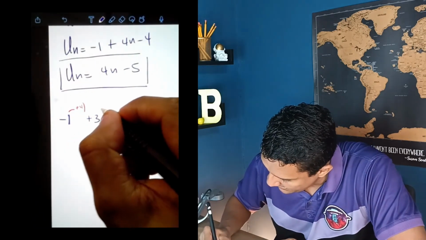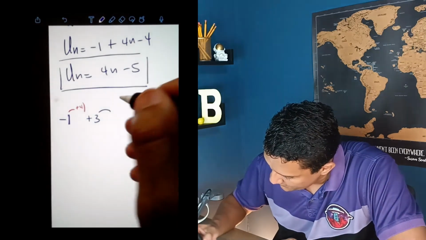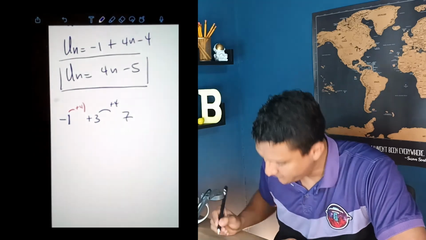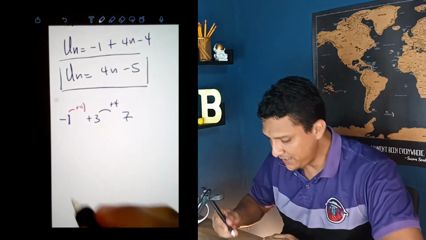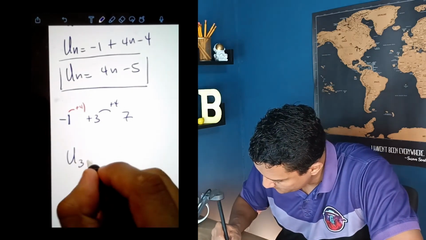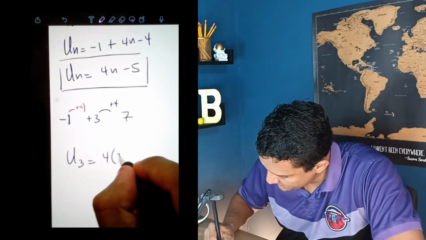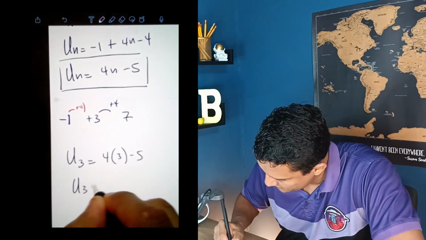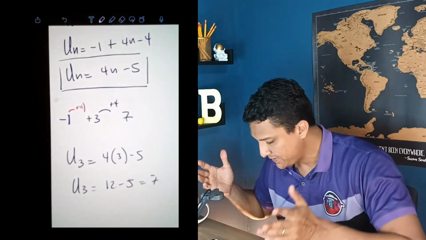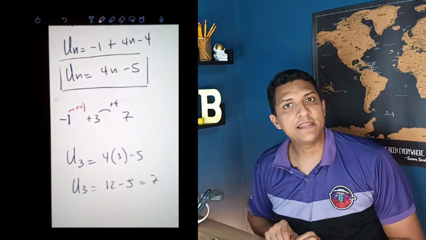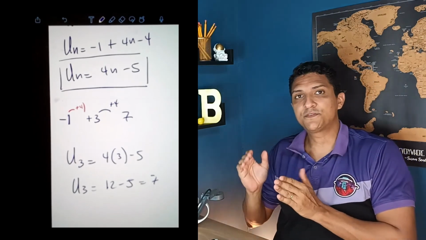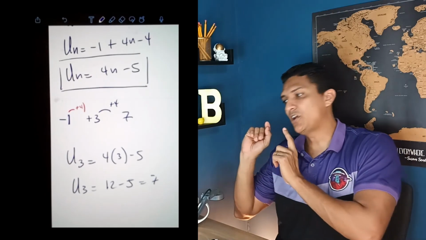Now positive 3 plus 4, that is positive 7. If we are right, and I replace that in the equation, let's replace u3 here. 4 times 3 minus 5. This is 12 minus 5. This is 7. So, yes, it is an arithmetic sequence because each of the consecutive terms has the common difference of 4.